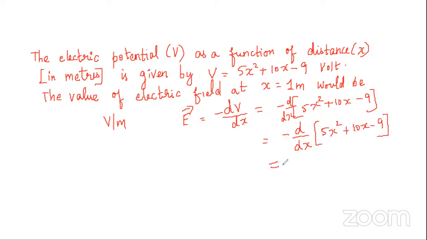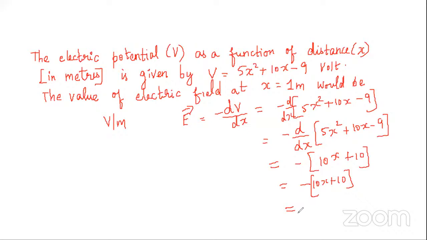So when you differentiate it, you will be getting minus within the bracket 10x plus 10. So within the bracket 10x plus 10 means you have to apply x actually.